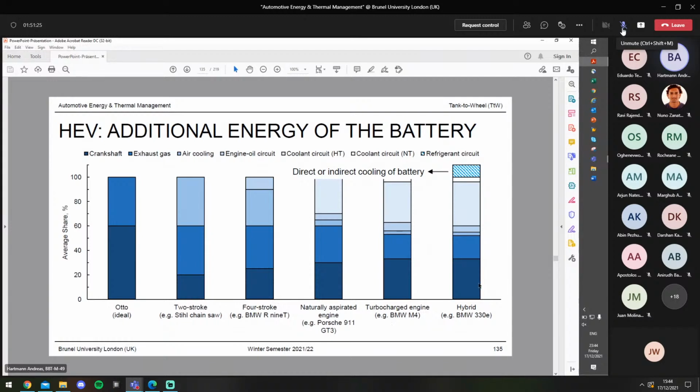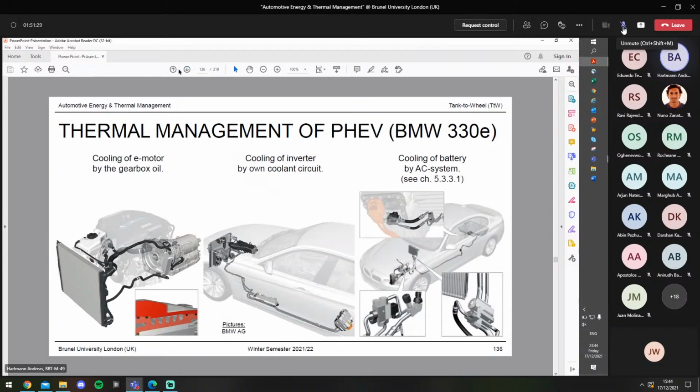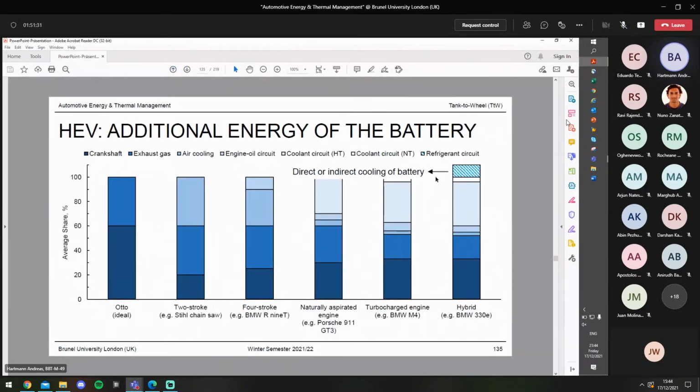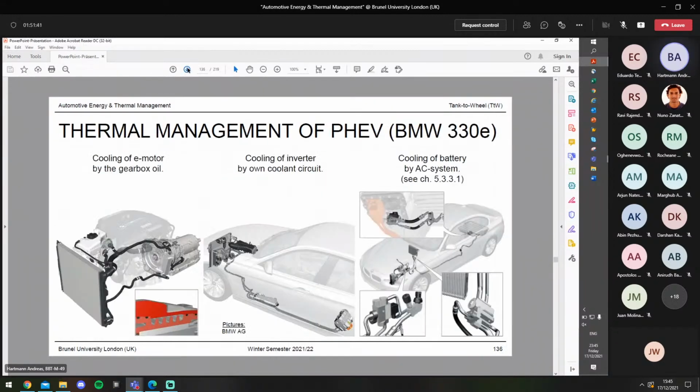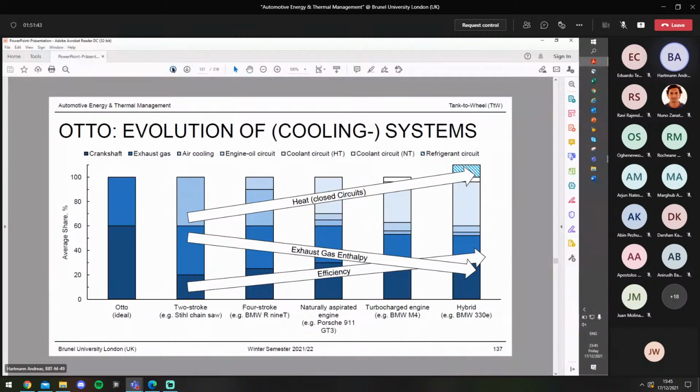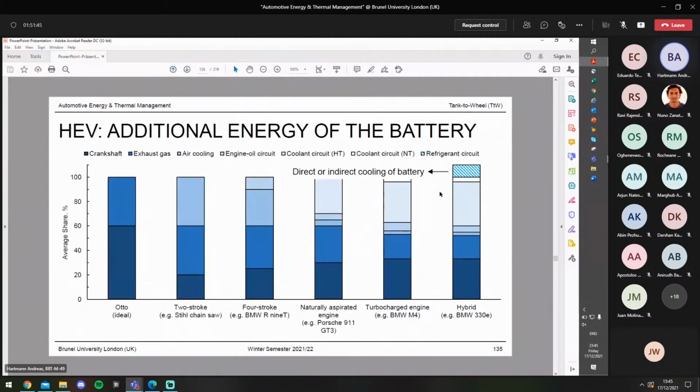And now in the last step, we will consider a hybrid engine, and we need to add another coolant circuit to our diagram because the high voltage battery of such vehicles might not withstand temperatures above 30, 35, maybe 40 degrees Celsius.